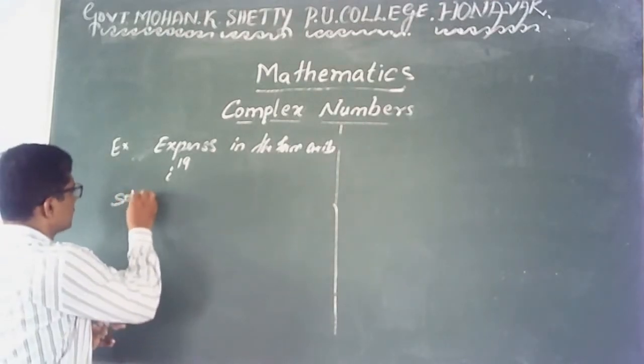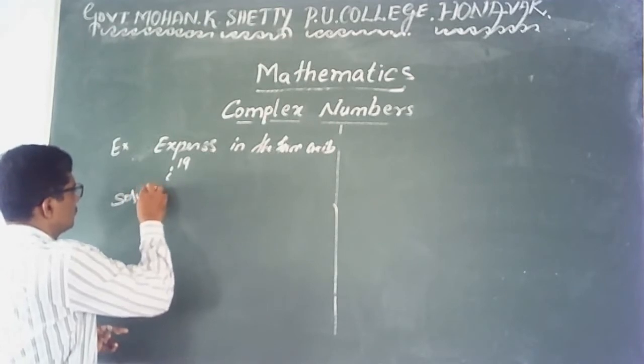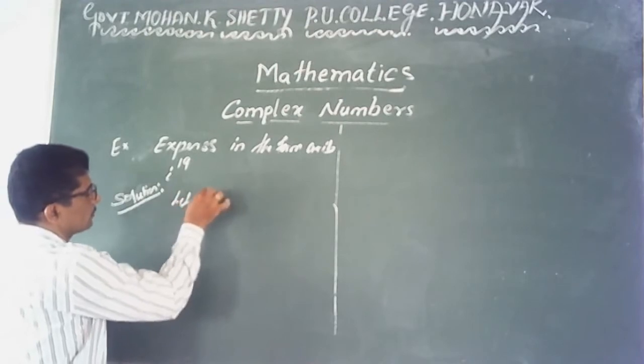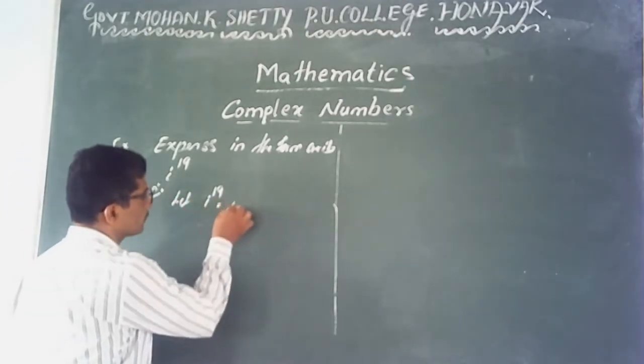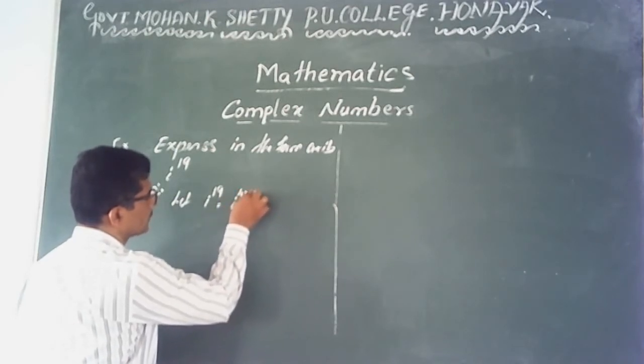Solution is very simple. Given complex number i raised to 19, which is in the form of i to the power 4 into 4 plus 3.